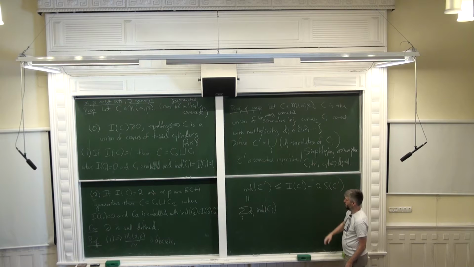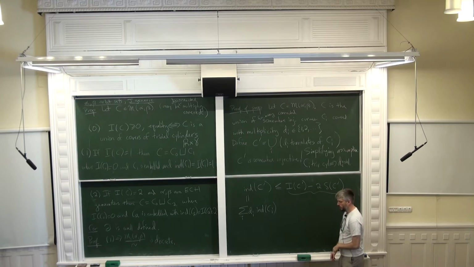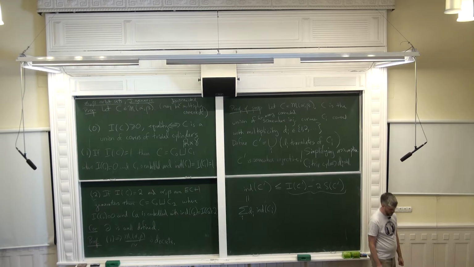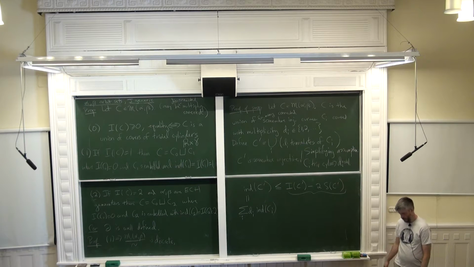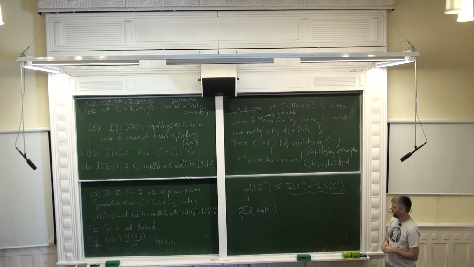And what about the ECH index? From the exercises I gave last time, the ECH index depends only on the relative homology class of the holomorphic curve. And C prime is in the same relative homology class as C. The difference between them is the boundary of something.